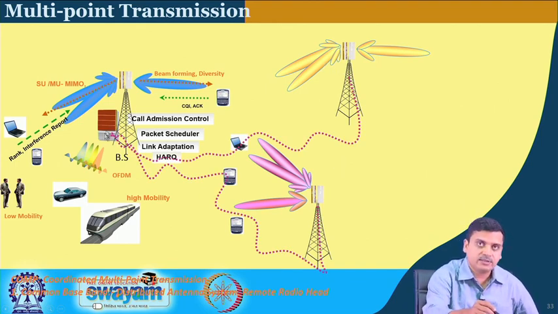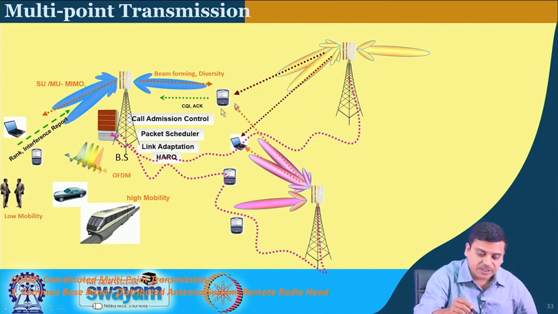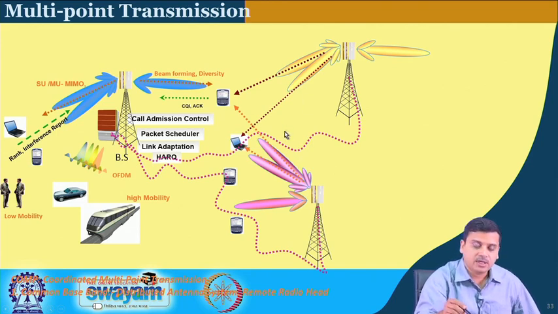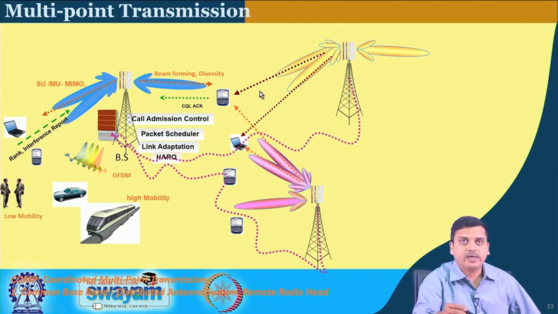So, there is this central processing unit, so that they can send signals to the user equipment, especially those who are towards the edge region, which are supposed to get interference from neighboring base stations. So, instead of getting interfered, they rather send signals in such a manner that they exploit the channel properties as well as the architecture of the network, and instead of having a worse condition, they rather enhance the user's capability and the experienced quality of service by this mechanism.